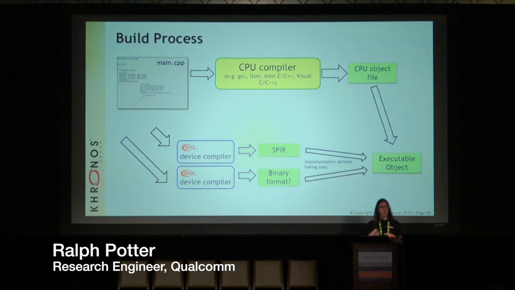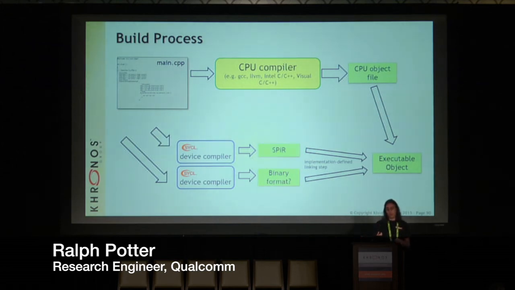We're giving you the freedom that if you've already written some code that maybe has compiler-specific keywords in, maybe you've optimized for Intel's parallelizing compiler, or maybe you've built for Visual C++ and it has some slightly non-standard syntax in certain cases, you can still use your CPU compiler and generate a CPU object file. Then a second set of compilers, maybe one, maybe more, will also pass over the same file and generate code from the kernels that are going to represent what's going to run on the device.